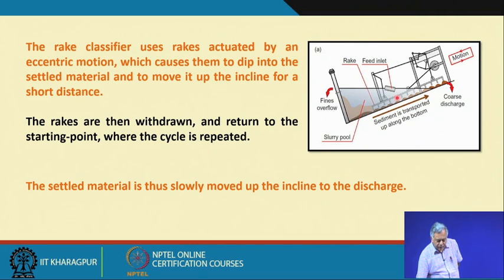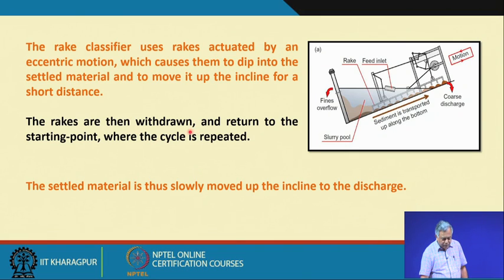The rate at which you are taking the coarse particles out and the rate at which fines are reporting through the overflow should be properly mass balanced with the rate at which you are incorporating the feed. So, you should have that mass balancing concept, and this is a challenge: at what angle it should be and what should be the design of the rakes and all that.